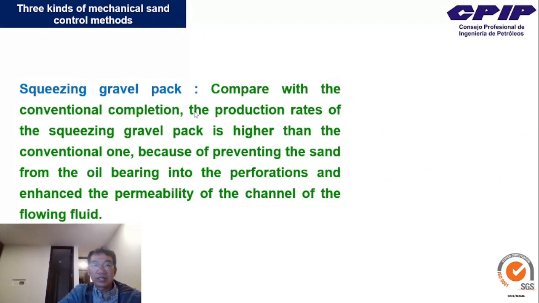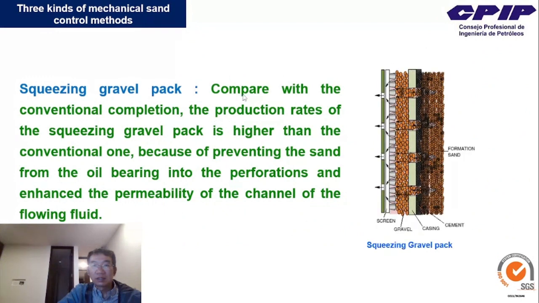Yeah, the screen gravel packing, compared with the conventional completion, has a higher production rate than the conventional one because of preventing the sand from the oil-bearing formation from entering the perforations and enhancing the permeability of the channel of the flowing fluid.